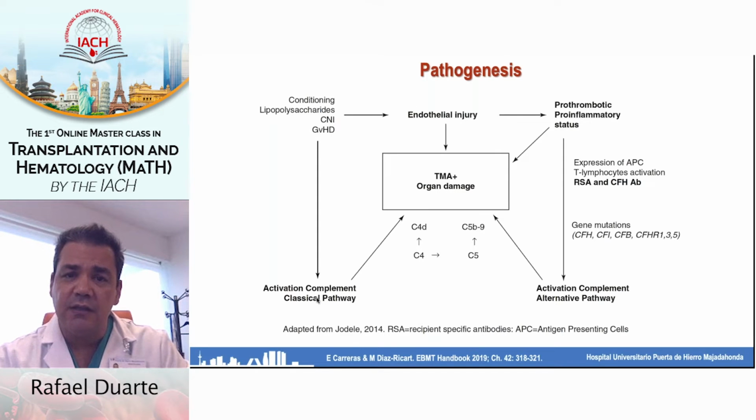Complement activation, as you can see, through the classical pathway, and also complement activation through the alternate pathway. That leads to a profile of complications of TMA, and then leading as well to organ damage and organ dysfunction.